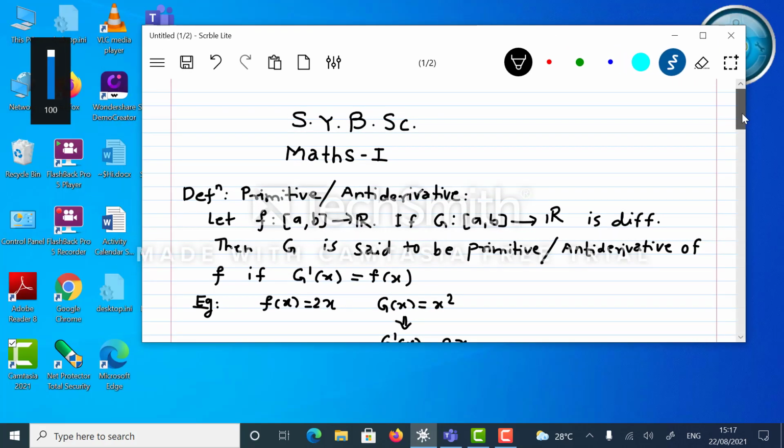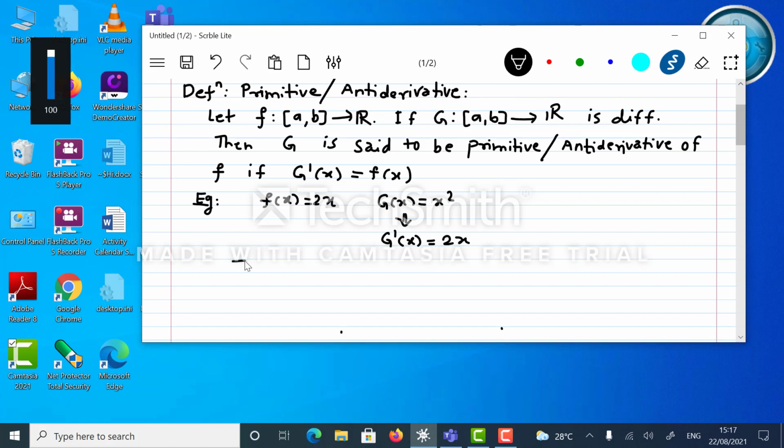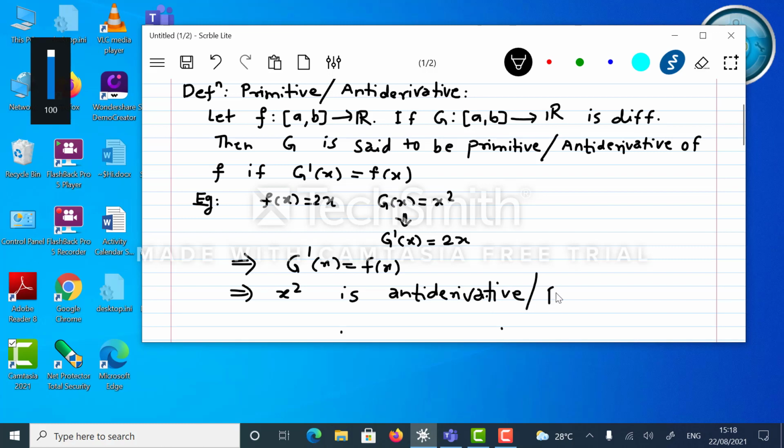So this would imply g'(x) = f(x). This implies x² is an antiderivative or primitive of 2x.